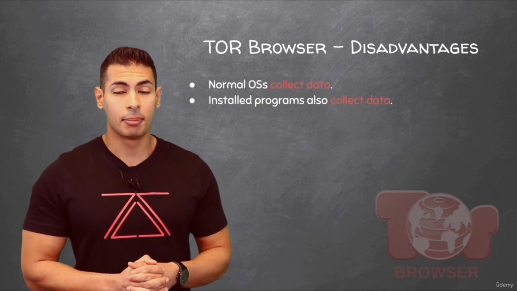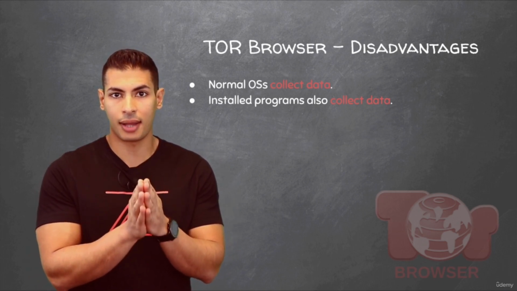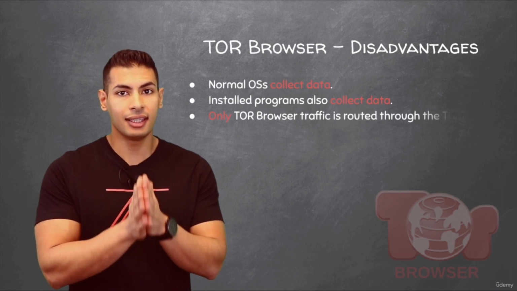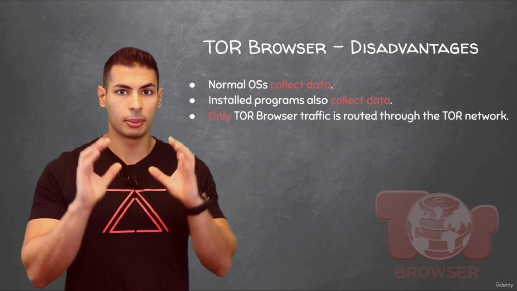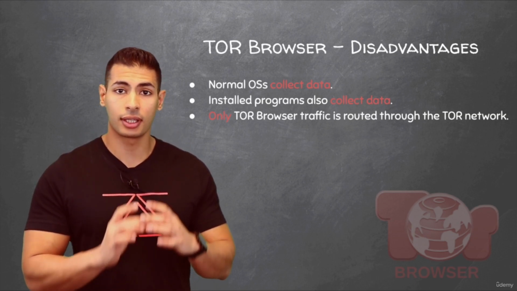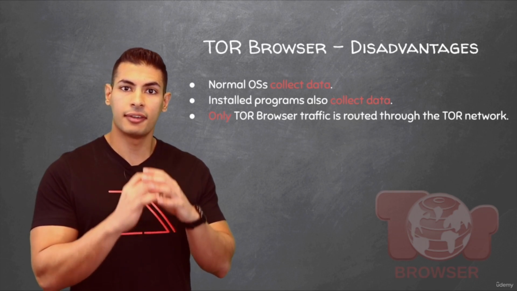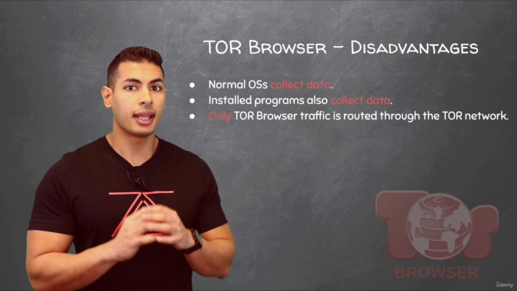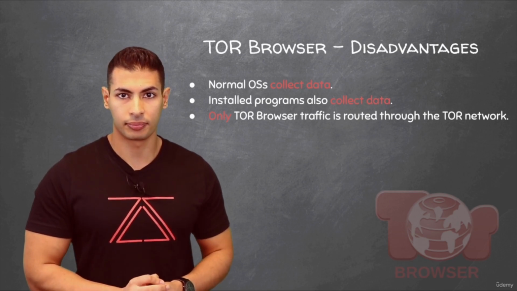Not only that, but all of the programs outside the Tor browser itself access the internet directly. They do not use the Tor network. The only program that is using the Tor network is the Tor browser. Therefore, when these programs leak information about you, they are leaking also your proper exact location.